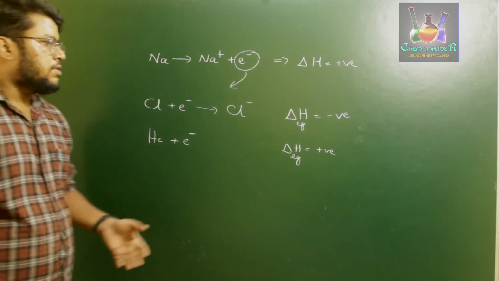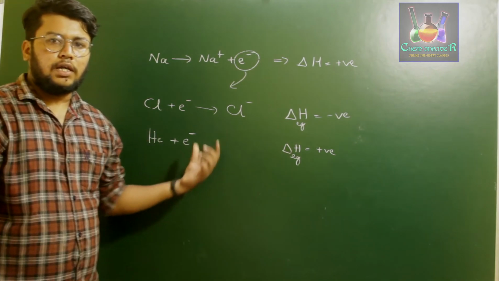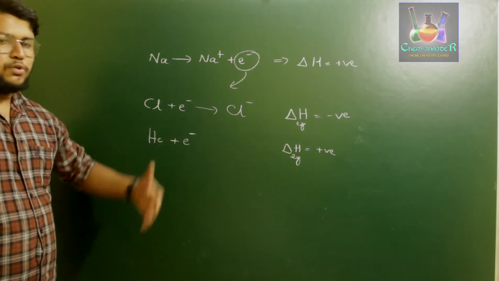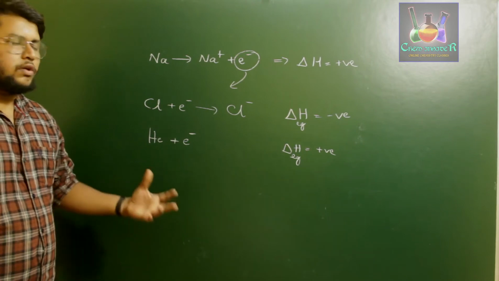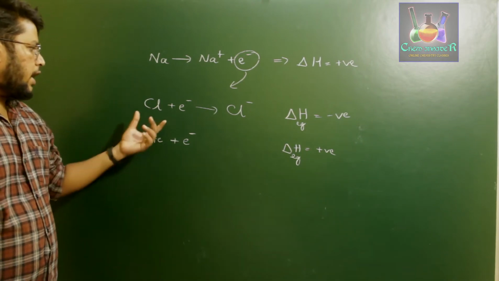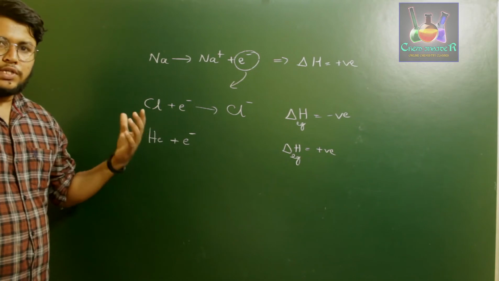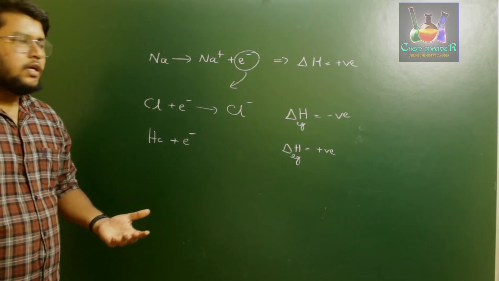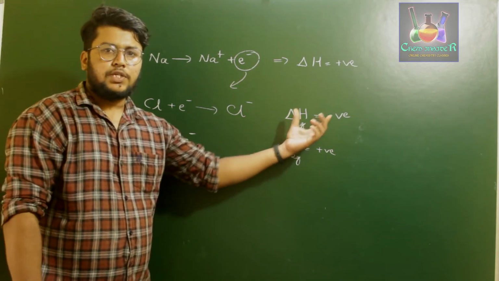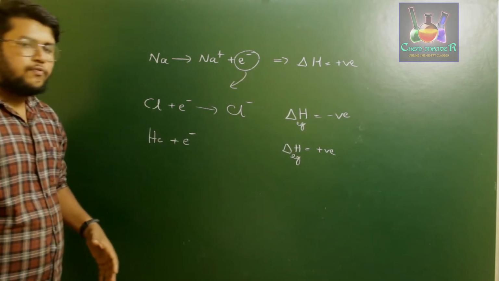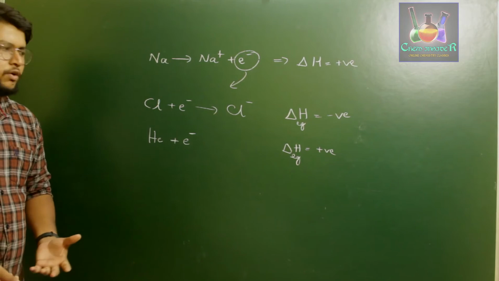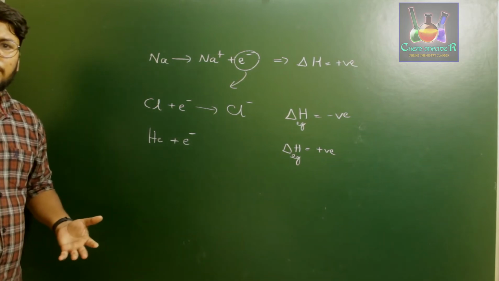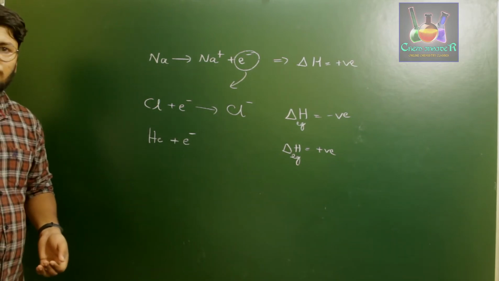The enthalpy released while gaining an electron is called electron gain enthalpy. If you are adding an electron to a system which is ready to take it readily, that system will have a negative enthalpy change. And if the atom is not ready to take that electron, you have to provide more energy in order to put that electron in its outermost orbit.